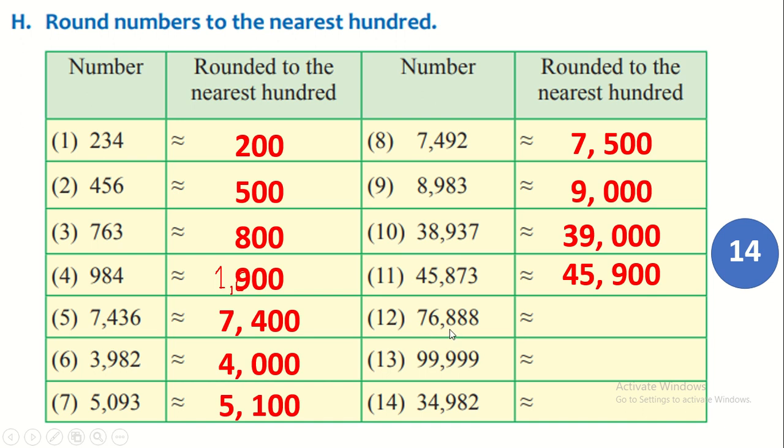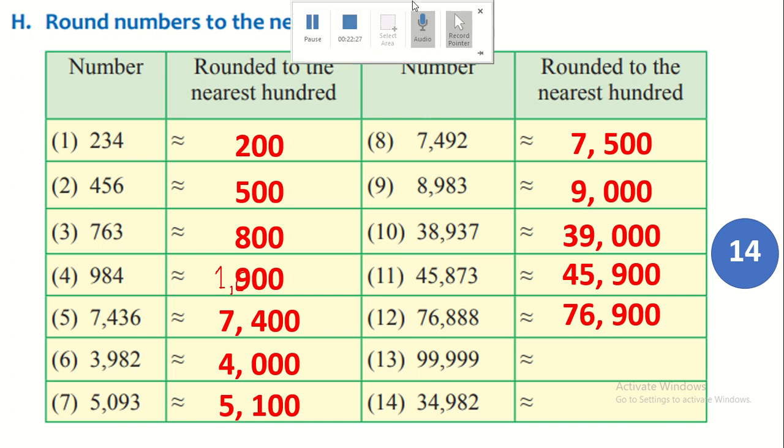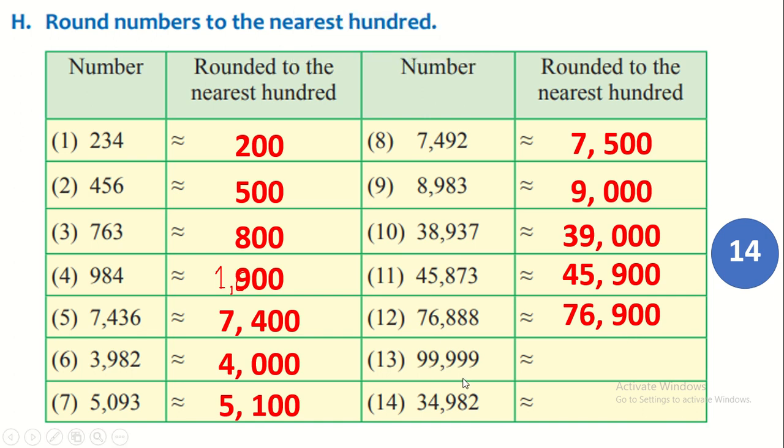76,888. 88 here. The next is 8. You round this to 76,900. Number 13. Number 13 is 99,999. Next to 9 here is 9. Then you round this to 100,000. Correct, students?